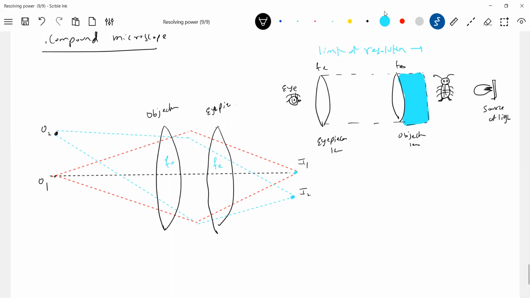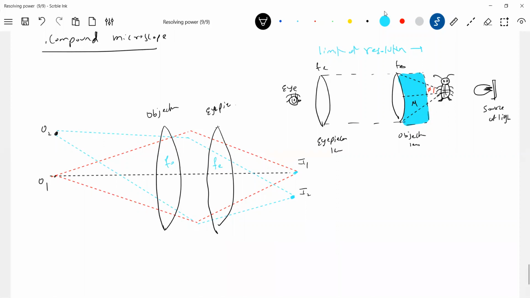So now what is this? Again the formula: the half cone angle subtended by it, let me call it phi. And there's a refractive index of the medium, mu. Usually liquid will be filled up here.